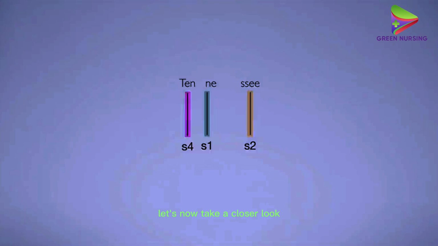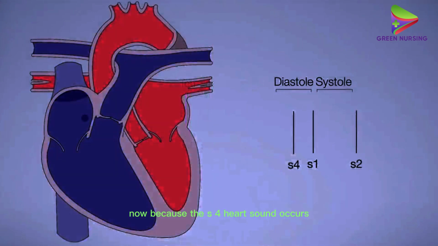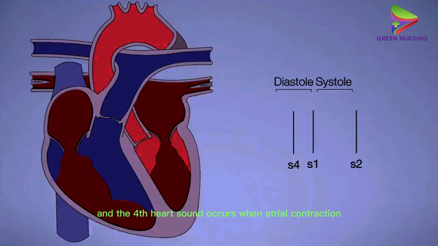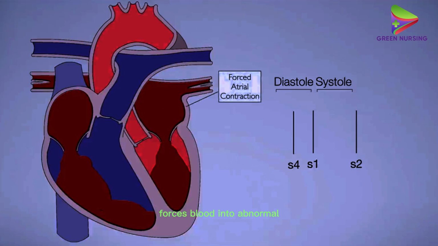Let's now take a closer look at why the fourth heart sound occurs. Because the S4 heart sound occurs momentarily before S1, I have changed our graphical representation so that it now starts with diastole and ends with systole. Blood flows into the atria and ventricles during diastole, and the fourth heart sound occurs when atrial contraction forces blood into abnormal, non-compliant ventricles.